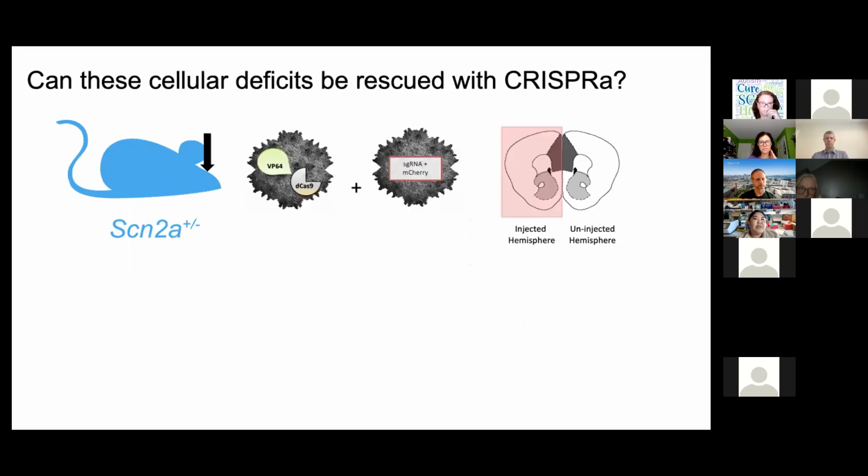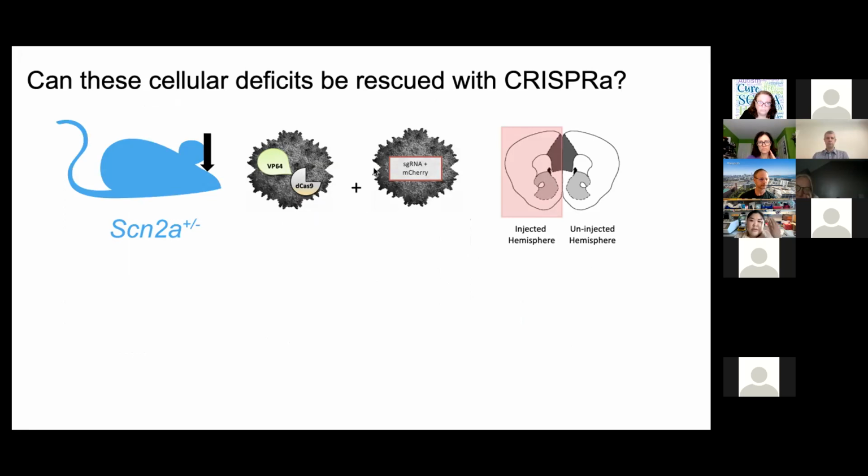Next, I wanted to see if the associated cellular deficits in SCN2A heterozygous mice can be rescued with CRISPRa in vivo. So this is my general surgical pipeline. I stereotactically inject the medial prefrontal cortex of our heterozygous mice with our AAVs, which encode the dCas9-VP64 and then the guide RNA.